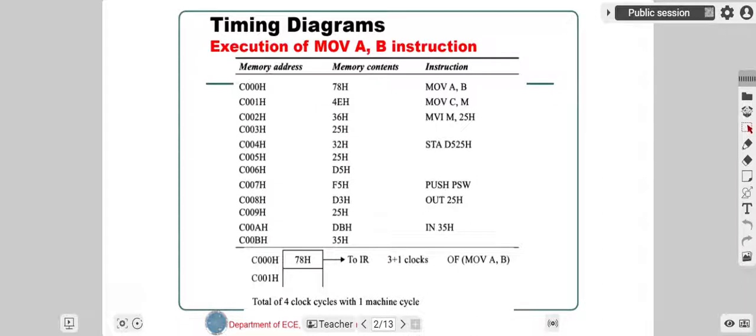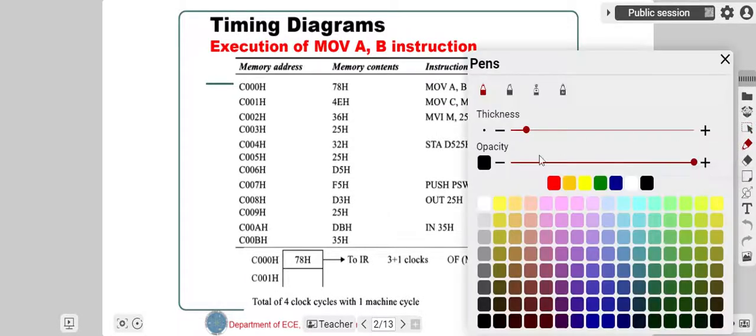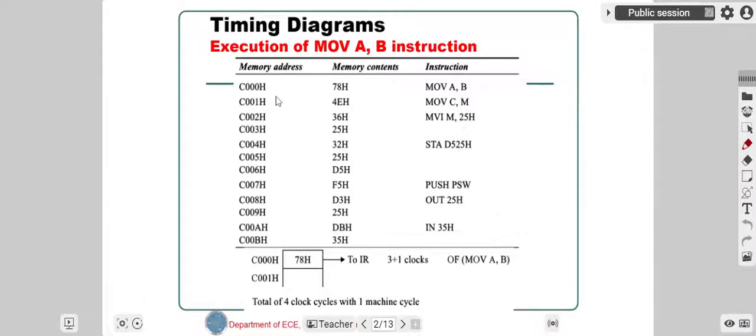Let us see how the move A comma B instruction is executed and how the timing diagram for this instruction is drawn. So let us see. We arbitrarily choose some of the memory addresses here.